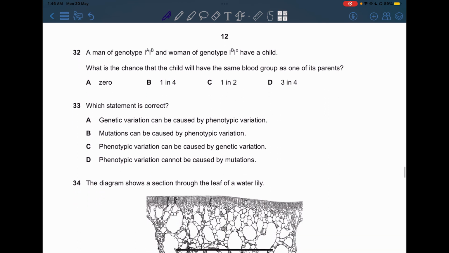Now 32, a man of genotype AB and a woman with genotype BO have a child. What is the chance that the child will have the same blood group as one of its parents? Now let's do the cross together. IA and IB, IB and IO. This is the Punnett square, which you probably did in the paper 4 questions, the genetics questions.